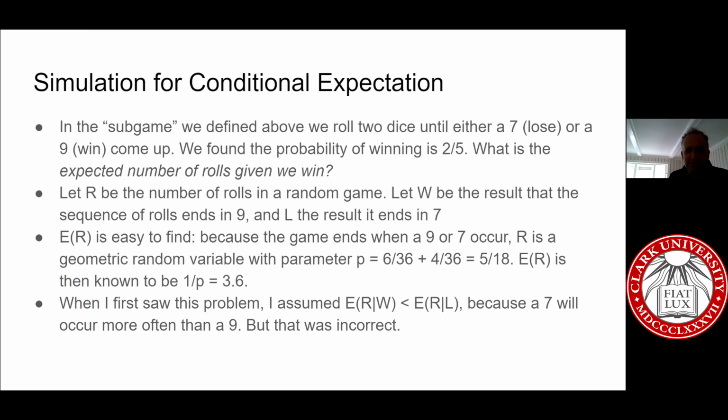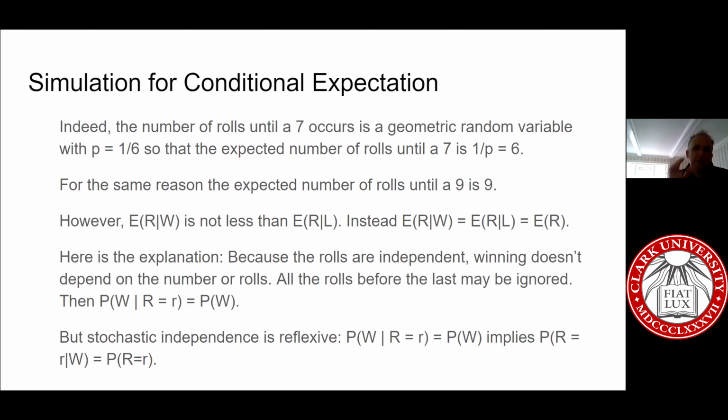And my intuition led me in the wrong direction. I thought E of R given W would be less than E of R given L, because the 7 usually occurs faster than a 9. Its probability is bigger, so it usually occurs sooner. The expected number of rolls until a 7 occurs is 6. The expected number of rolls until a 9 occurs is 9.